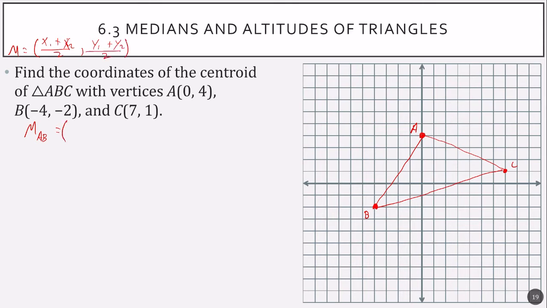So for AB, 0 plus -4, those are the x values, over 2, and 4 plus -2 over 2, those are the y values. Which gives me -4 over 2 and 2 over 2. So -2, 1. So that's the midpoint.